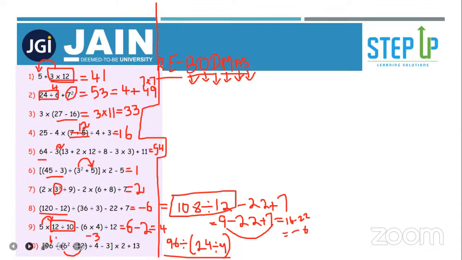No, this was 4 divided by 4 is 1. 1 minus 3 is negative 2. Negative 2 times 2, 2 into negative 2, is negative 4. Negative 4 plus 13 is positive 9. Okay, your steps are correct. If you have taken here division, the answer is 23.